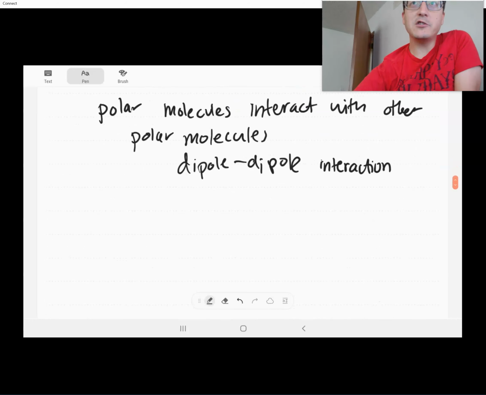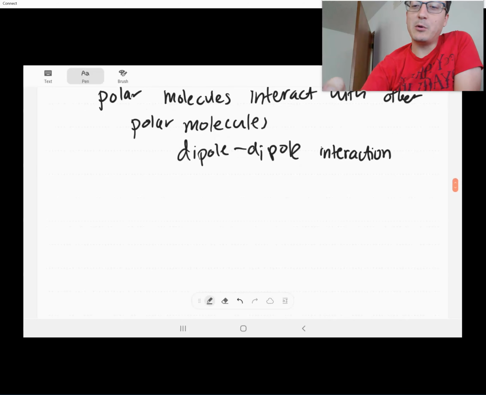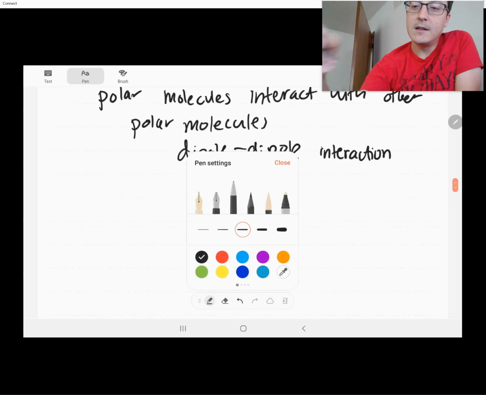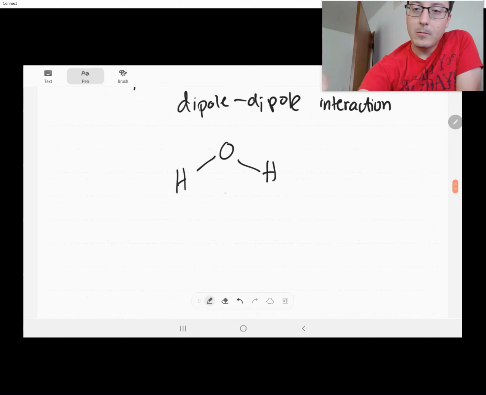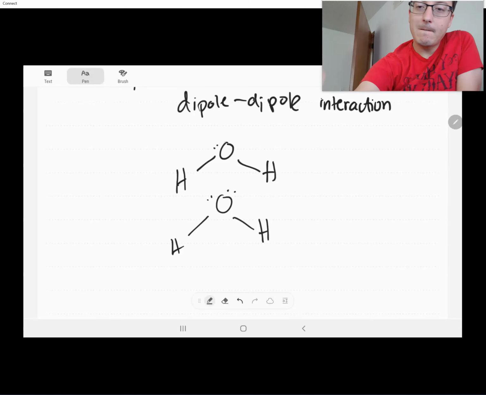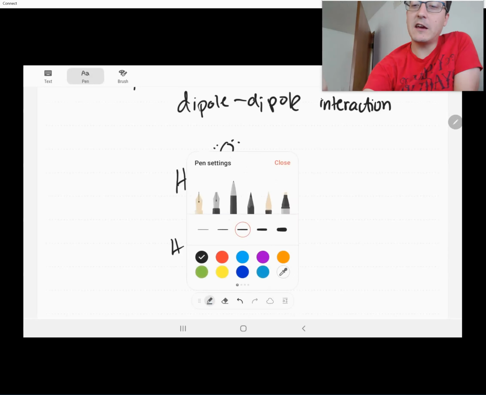We have a special kind of dipole-dipole interaction. Let's see, let's do water. Between oxygen and hydrogen, which one's more electronegative again?